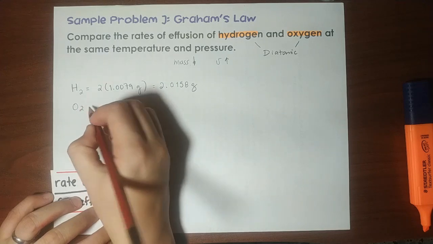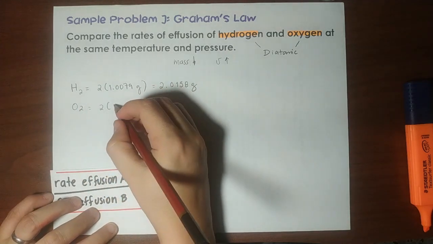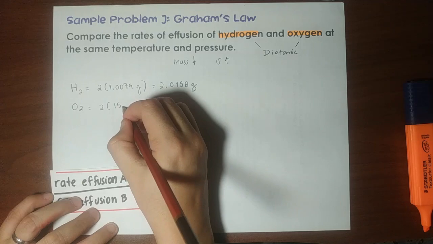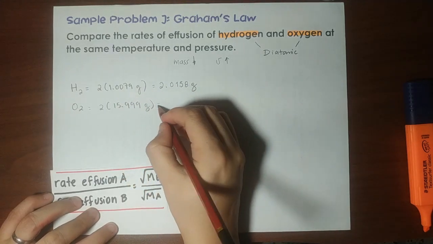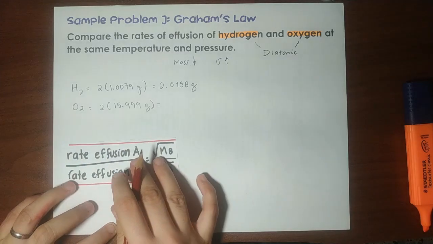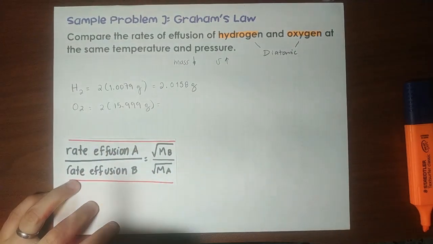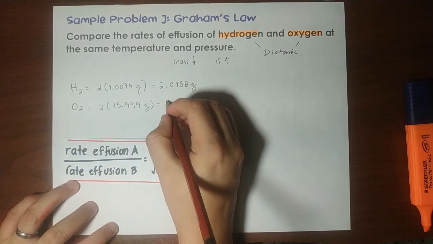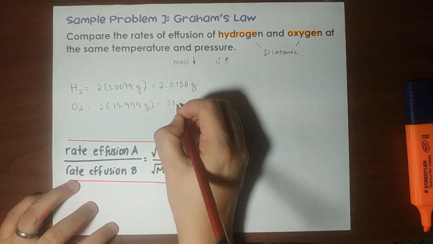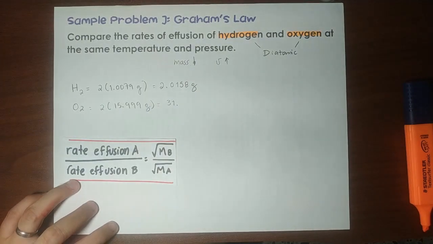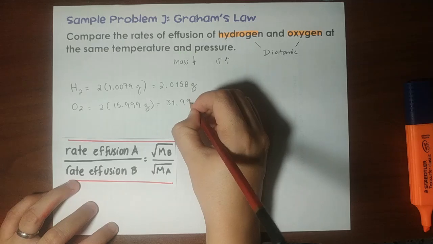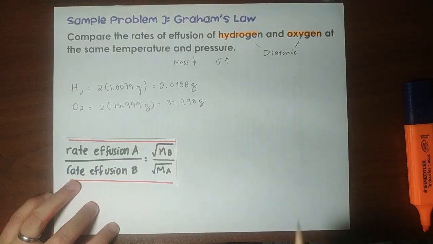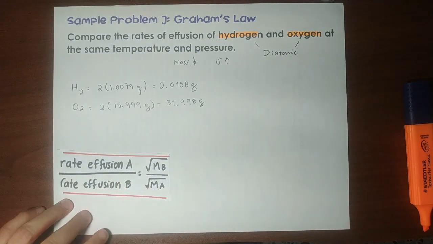It's also diatomic, so we're going to multiply 2 times 15.999. You can write 16, it's okay. That's the way I do it, using 16 instead of all these numbers. So this will give you 31.998 grams.